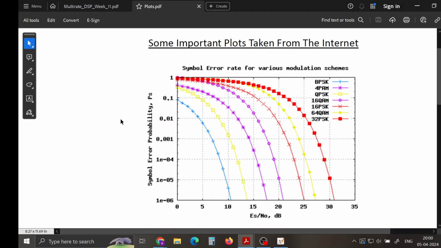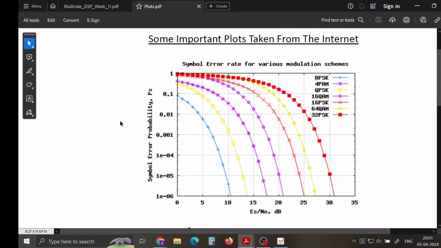You can draw the constellation and take the situation when there will be an error, in the presence of AWGN noise, of course. That's how you arrive at the Q function expression. So BPSK will have the best performance, and as you keep growing the constellation size, performance will deteriorate with respect to symbol error probability.